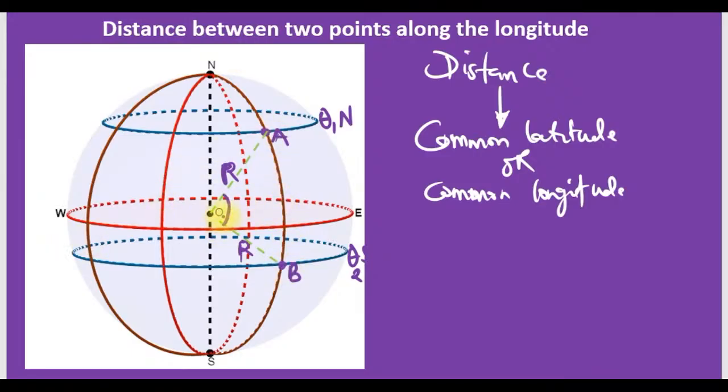Common sense will tell us that since they are of different hemispheres, north and south, the angle here is the addition of these two angles, theta 1 plus theta 2.